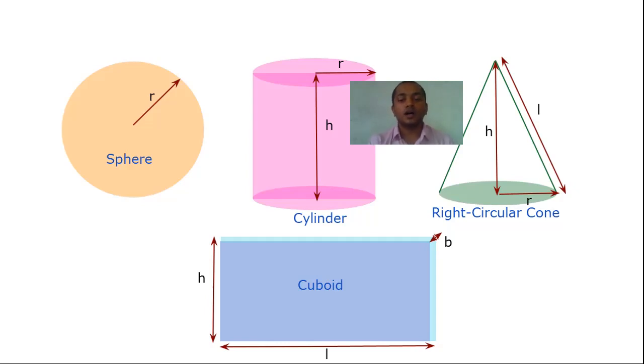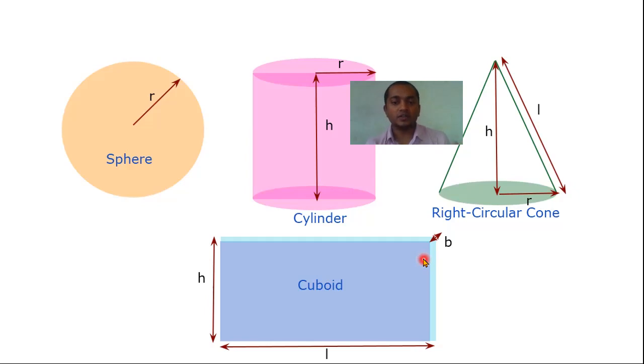So the curved surface area of a cylinder is 2 pi r h, as we just now discussed. And to find out the total surface area, we need not do much. We have to just add the area of the bottom and the top part. The bottom part surface area will be pi r square and the top part surface area will also be pi r square. So we add 2 pi r h plus pi r square plus pi r square.